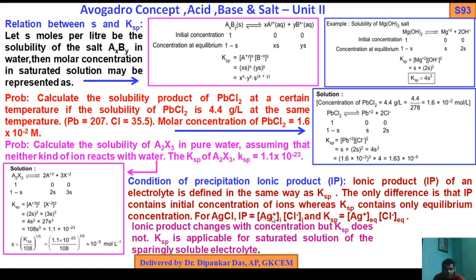For AgCl, IP is [Ag+][Cl-] with subscript i for initial, and Ksp is [Ag+][Cl-] at equilibrium. That is the difference. So ionic product changes with concentration, but Ksp does not change. Ksp is applicable for a saturated solution of the sparingly soluble electrolyte.